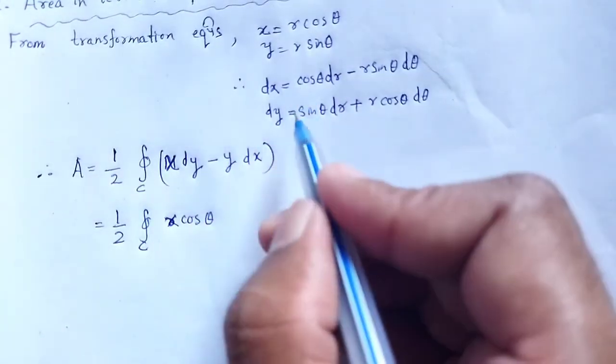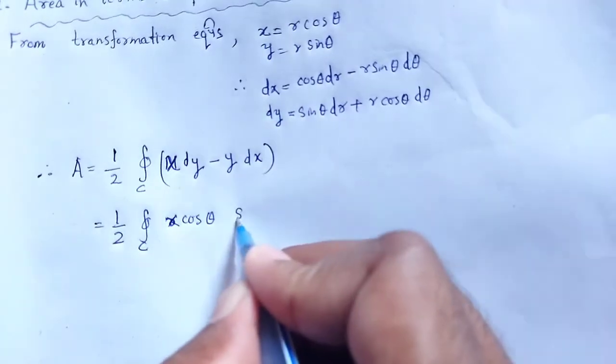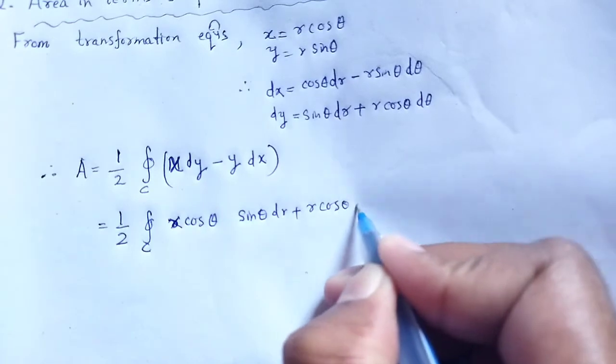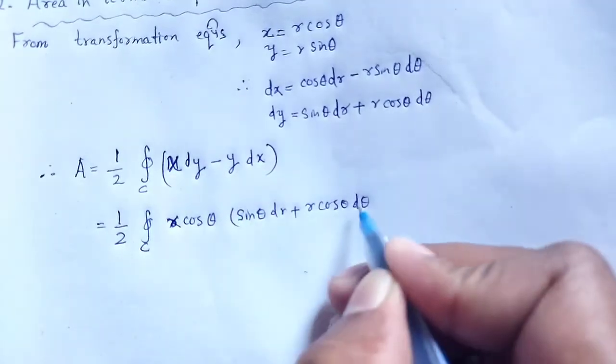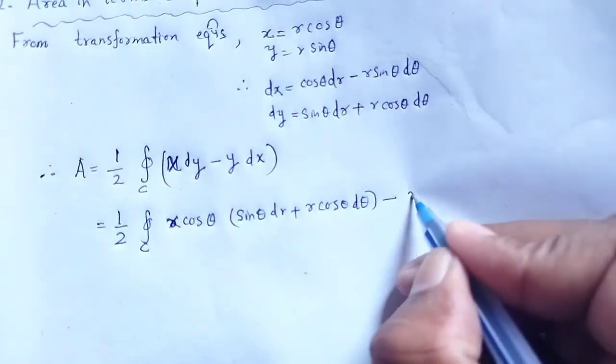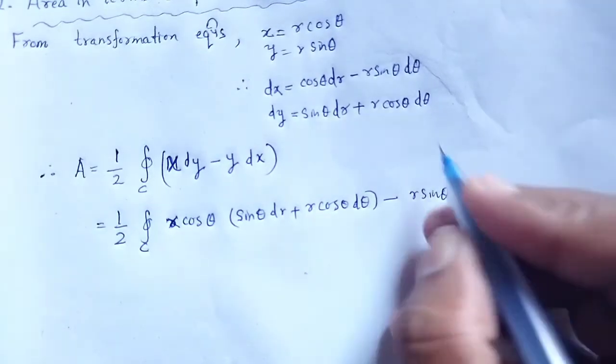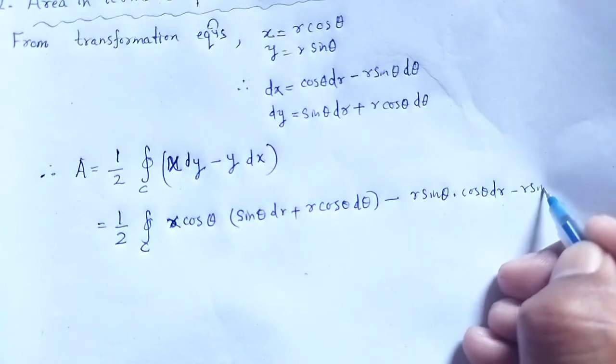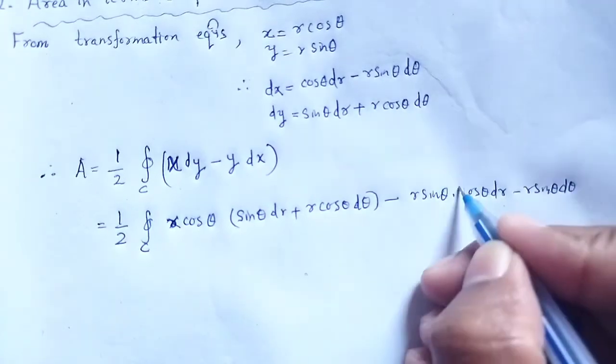In place of dy, that is sin theta dr plus r cos theta d theta, minus y, that is r sin theta, and in place of dx I write cos theta dr minus r sin theta d theta.